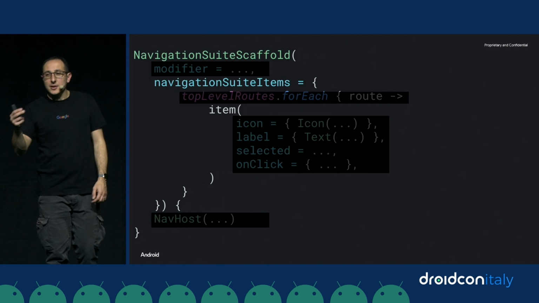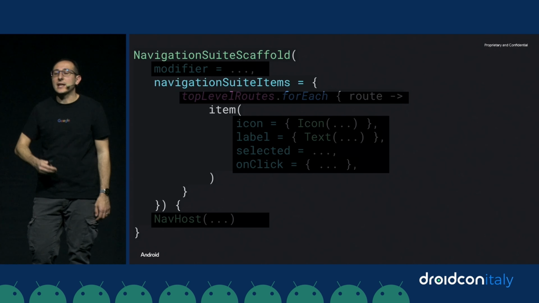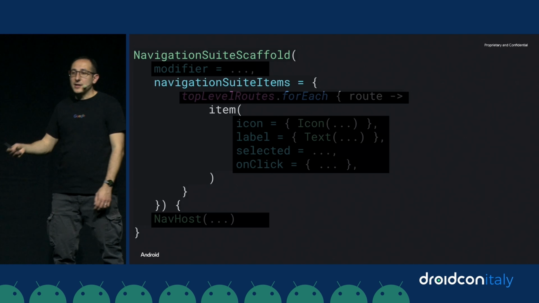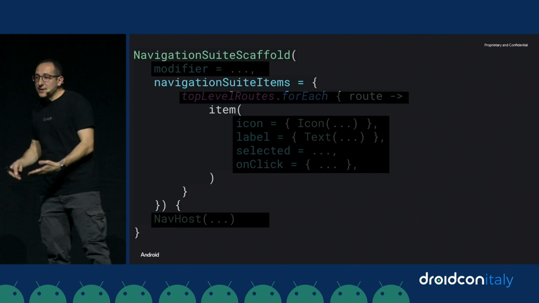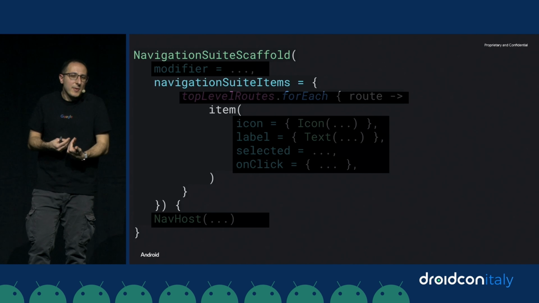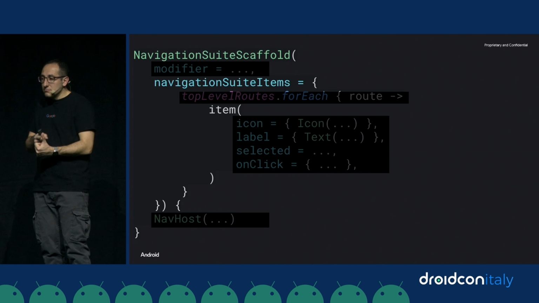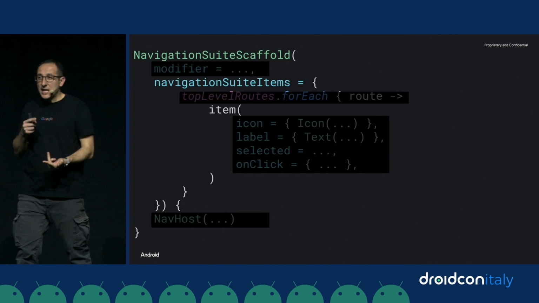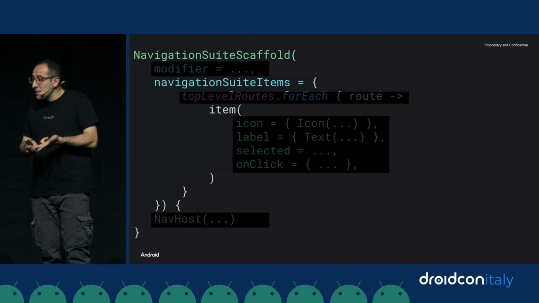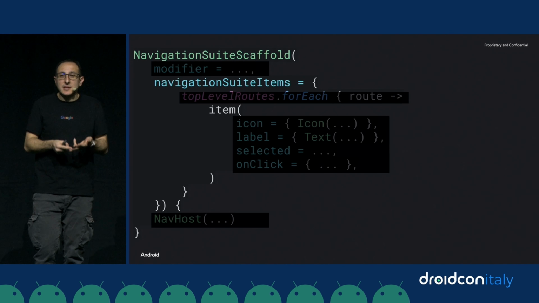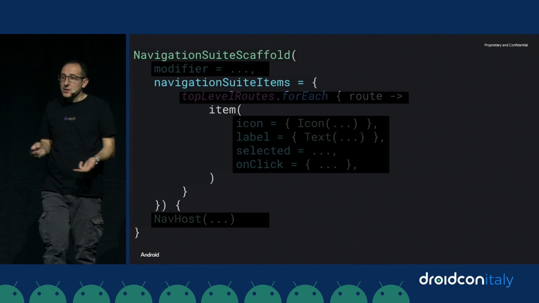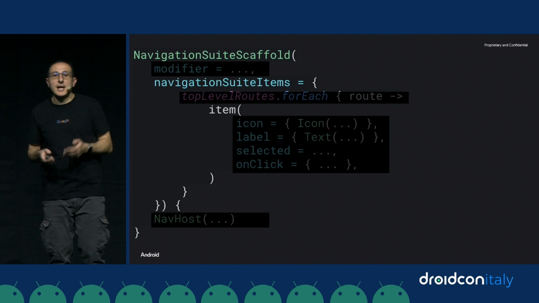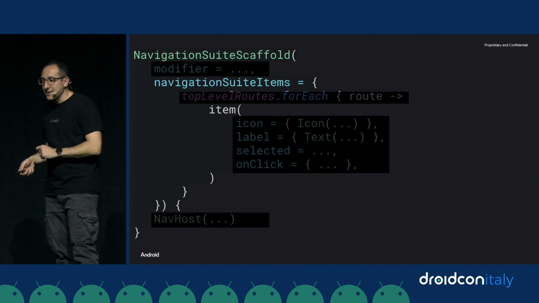Rather than using a specific composable like the bottom navigation item or the navigation rail item, you use item. Because behind the scenes, they don't change much. They are an icon, a label, they change when they are selected, and they have a behavior that is run when you click. So why not have a single function to represent them both? And this is why we only need to change 4 lines.